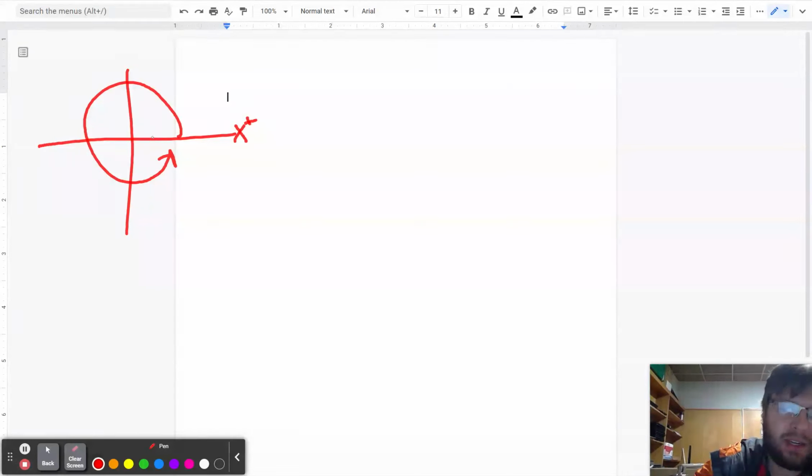So that's just the way that the angles end up working out. If I had a complex number like 3 plus 2i, that's a complex number that looks more or less like this.